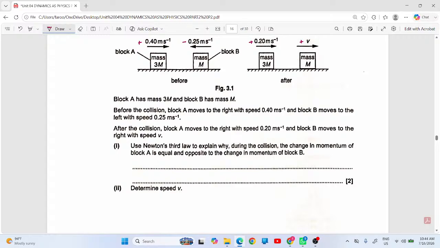Block A has mass, block B has mass. Block A is 0.4.